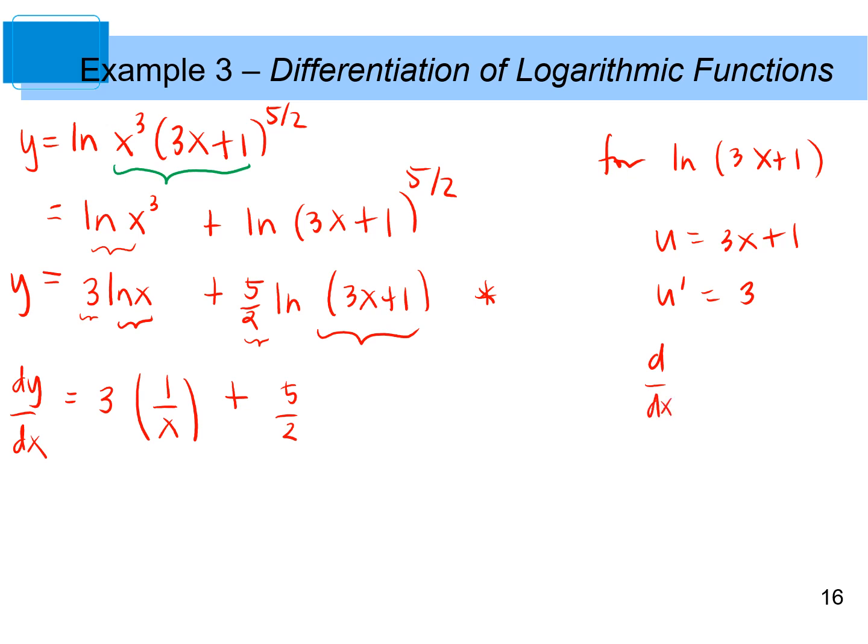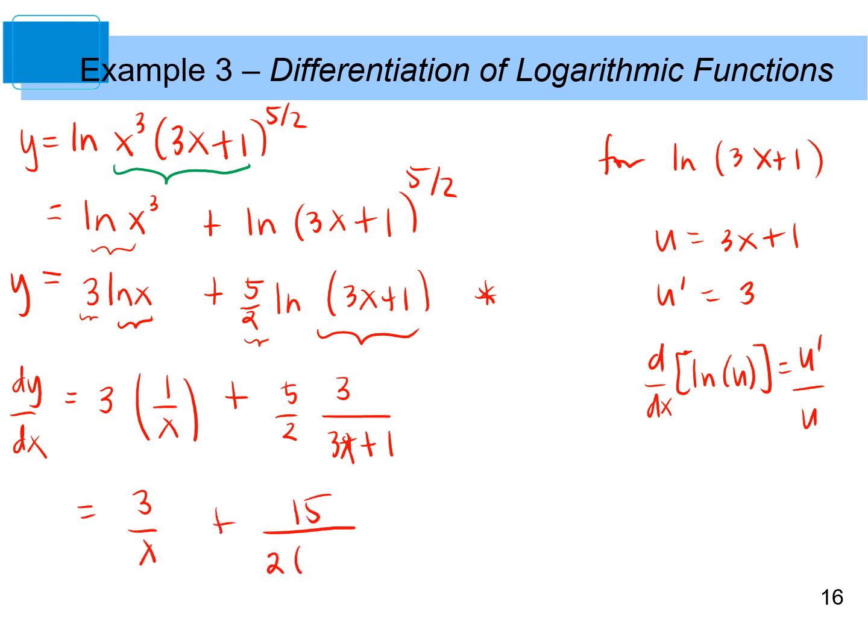Remember that the formula for the derivative of ln of u is equal to u prime over u. Therefore, the derivative of ln of (3x plus 1) is u prime, or 3, over u, which is 3x plus 1. So let's just rewrite this. We have 3 over x plus 15 over 2 times (3x plus 1).